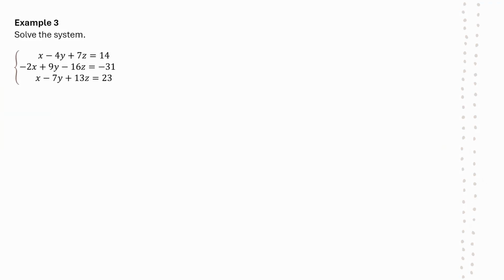Okay, so now we have a system of 3 equations and 3 unknowns, and we'll see what happens with this. It's already in order, so we'll go ahead and write it as a matrix. So we've got 1, negative 4, 7, 14, negative 2, 9, negative 16, negative 31, and 1, negative 7, 13, 23.